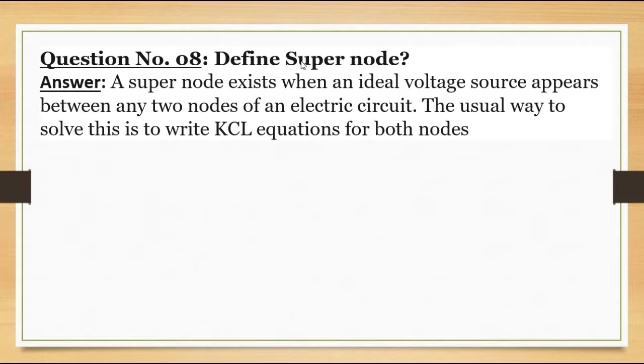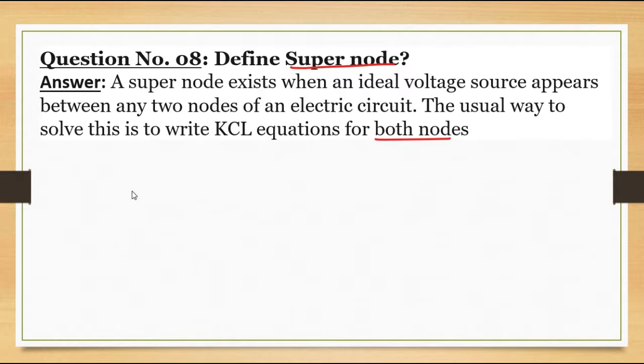Question number 8 is, define supernode. Now what is a supernode? A supernode exists when an ideal voltage source appears between any two nodes of an electric circuit. The usual way to solve this circuit is to write the KCL equation for both nodes.